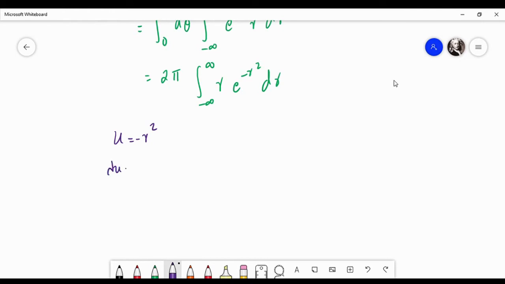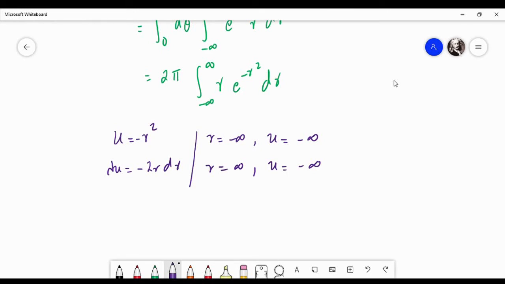So du is minus 2r dr. If r is minus infinity, u is minus infinity, and when r equals infinity, u is still minus infinity.